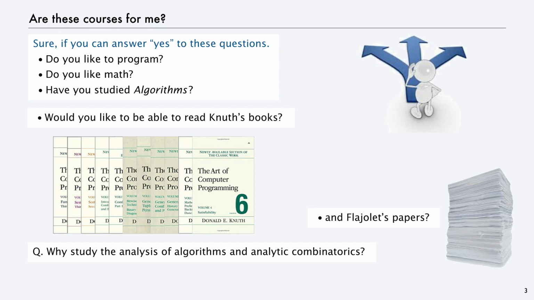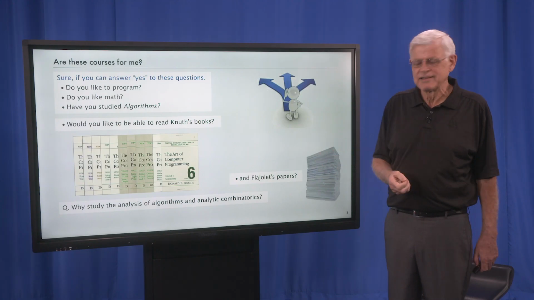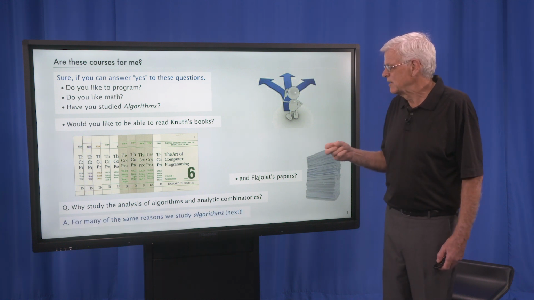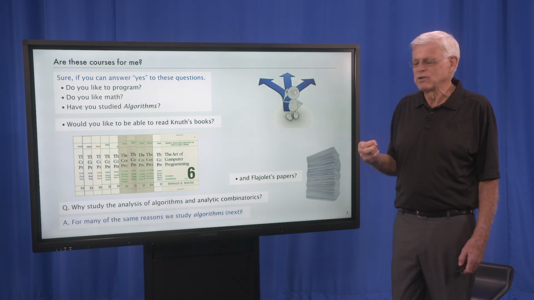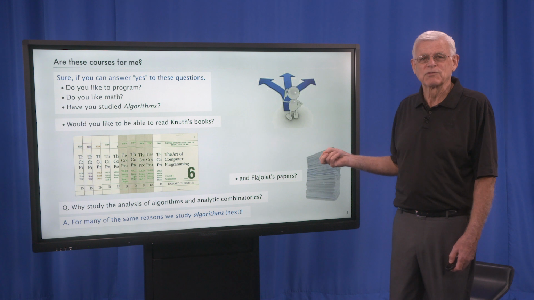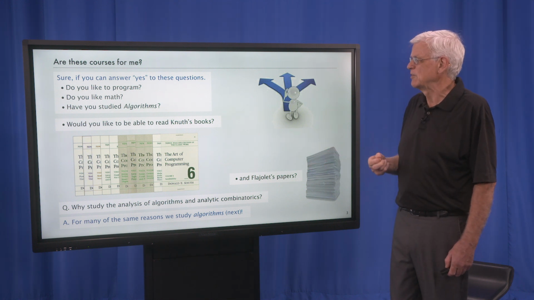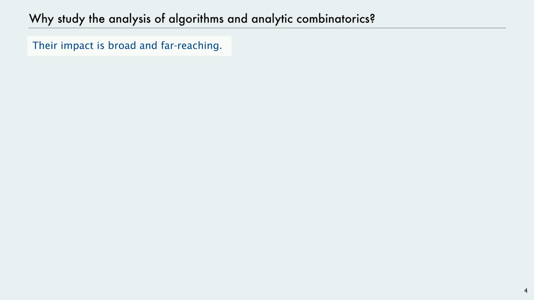So the question is, why would we study the analysis of algorithms and analytic combinatorics? And the answer is that it's for many of the same reasons that we study algorithms themselves. And so next I'm going to run through those reasons. The first reason is that their impact is broad and far-reaching.